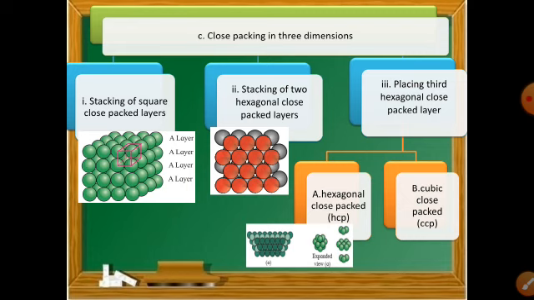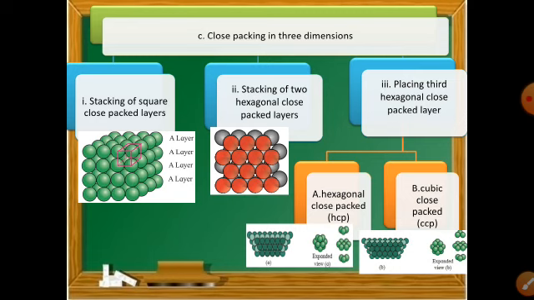In the same way in the third layer, one particle is facing toward the front side and 2 particles on the back side. Okay, then next is the cubic close pack. In the cubic close pack structure, the first layer is an A type, the second layer is a B type, and the third layer is a C type.